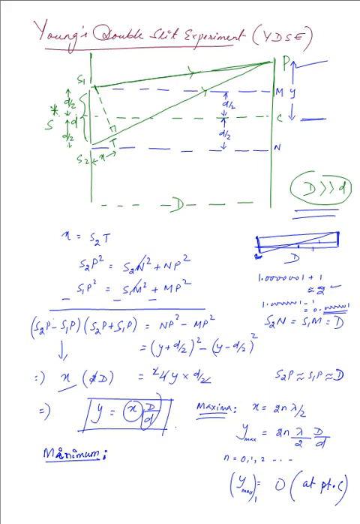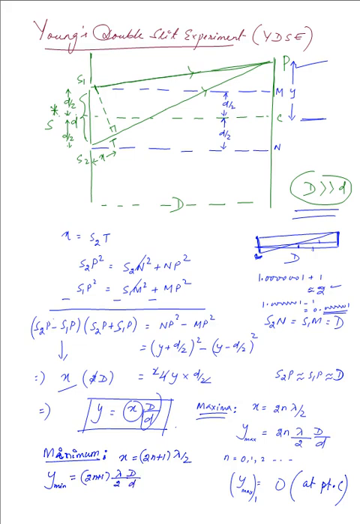Now, as far as the minimum is concerned, we know that the path difference being an odd multiple of lambda over 2 will give us y minimum, and that is equal to 2n plus 1 times lambda over 2 times D over d.